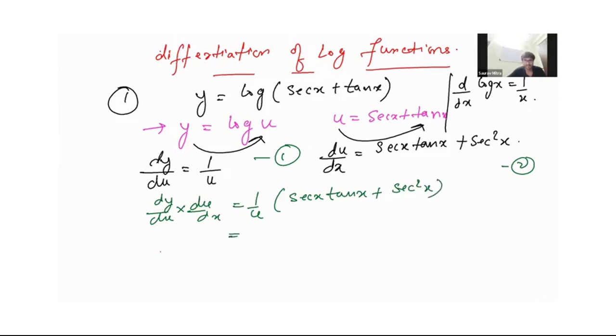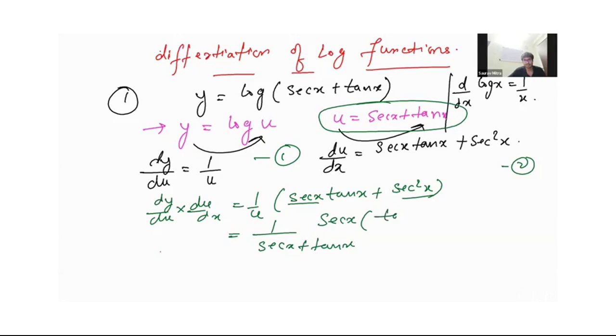And now you know the value of u. We have supposed u as sec x plus tan x, right? So take sec x common in the numerator, it will become tan x plus sec x. Cancel it, and you will get your answer as sec x.